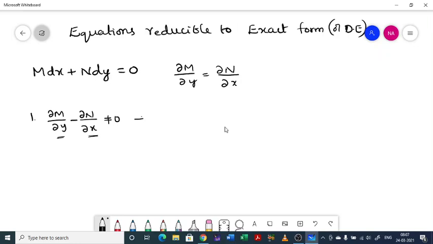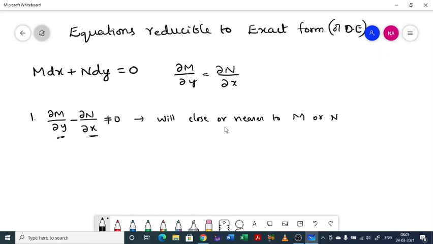This difference will be close to M or N. How can we check this?